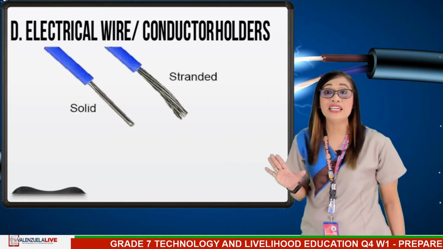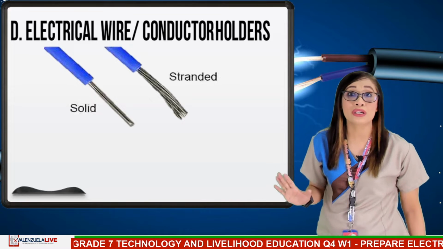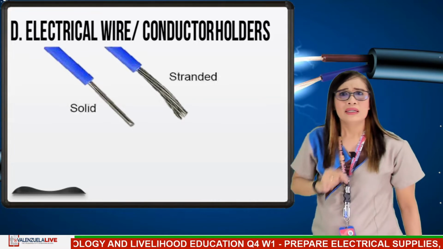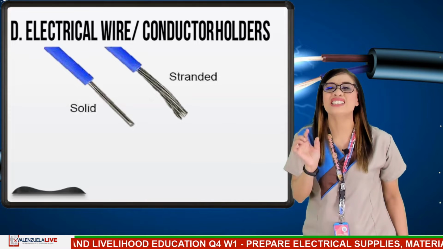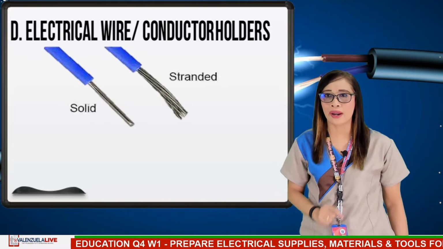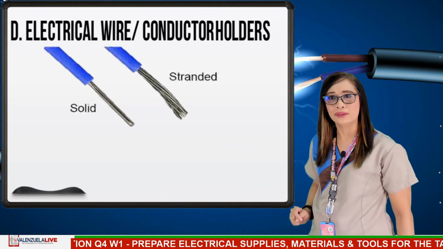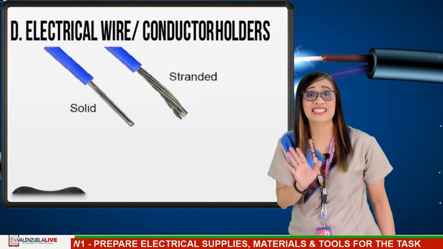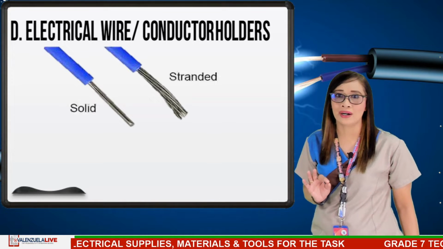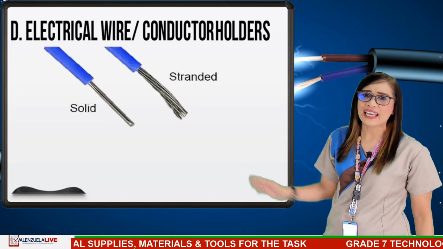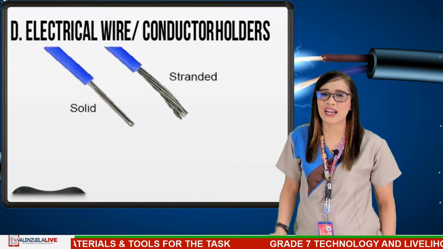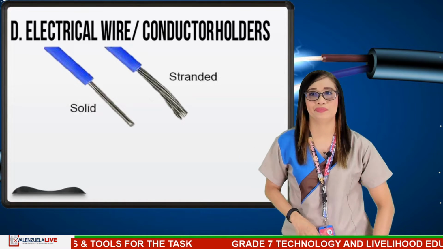This is an electrical material that could be stranded wire, made of multiple strands joined together to make a single wire, or solid wire, made of a single strand of copper or aluminum wire. These are used in wiring installation inside and outside the buildings.